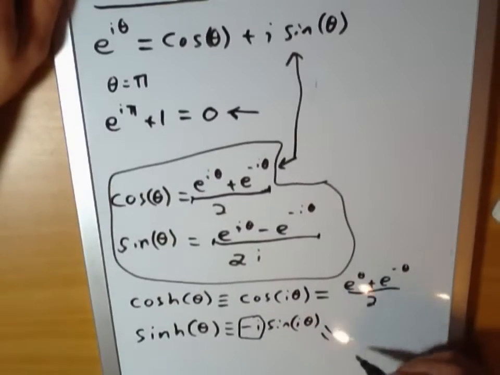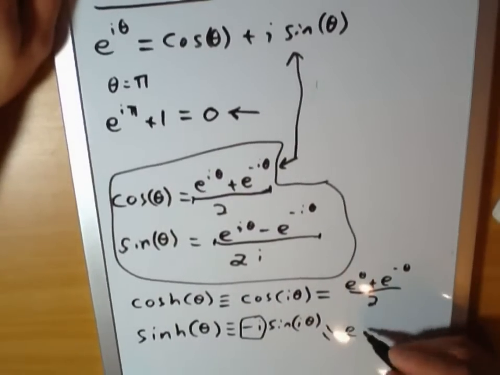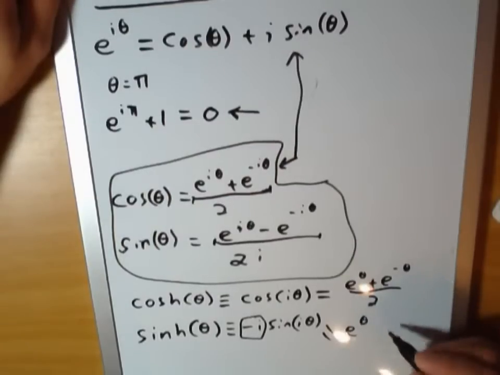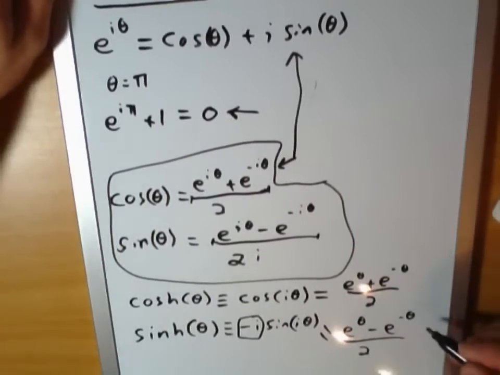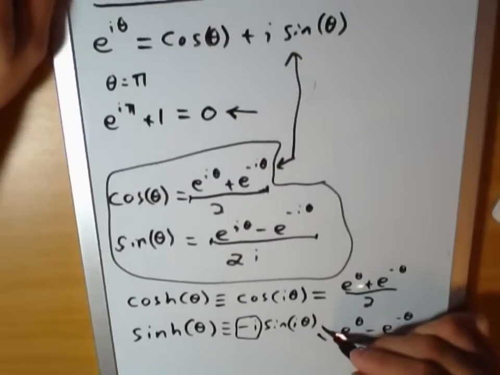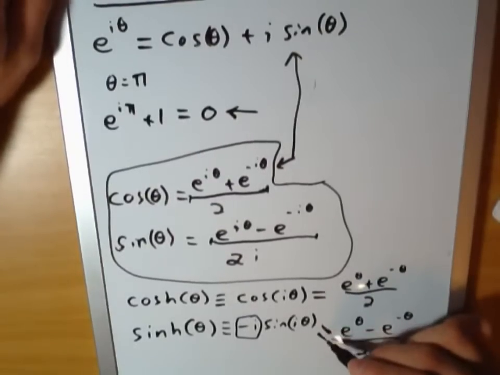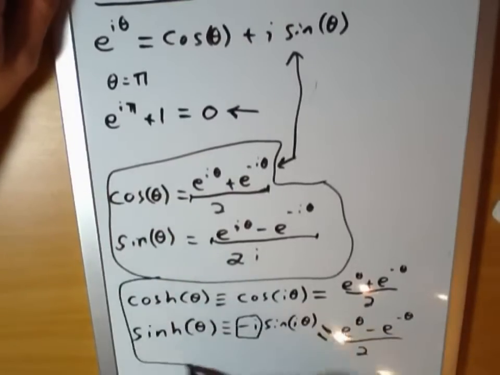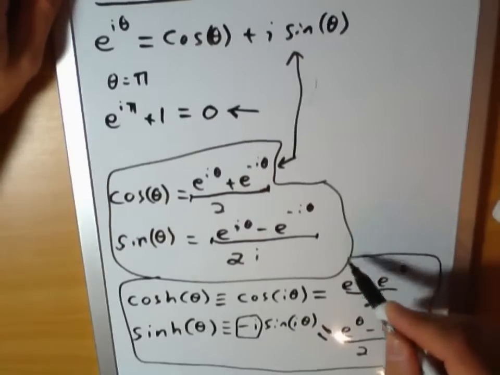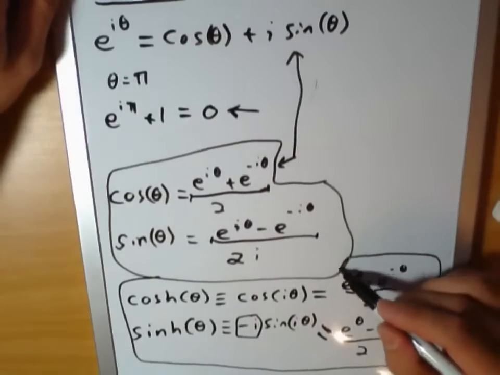Anyhow, what that ends up being equal to is e to the theta minus e to the negative theta over 2. Right, and that's where those come from. If you were wondering why sinh and cosh were so weird and how they were related to cosines and sines in the first place, well, this is why and this is how. So hopefully that's at least a little bit insightful.